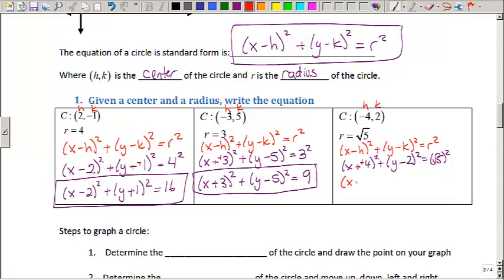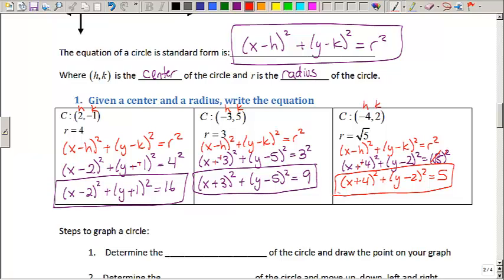To simplify, subtracting a negative is the same thing as adding a positive, so I get x plus 4 squared plus y minus 2 squared. And the square root of 5 squared, the square and the square root are opposites, and so they cancel each other out, and I'm just left with equals 5.